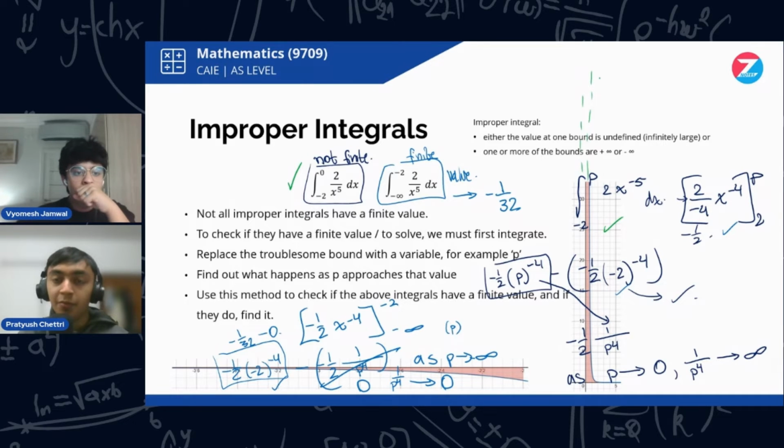By contrast, this one is finite because it's going towards the axis. This area is tending towards the axis, and you can see it's getting smaller and smaller, tends towards 0. So basically, it's a finite area.